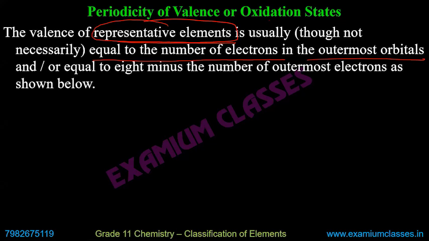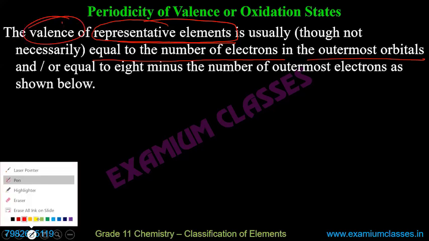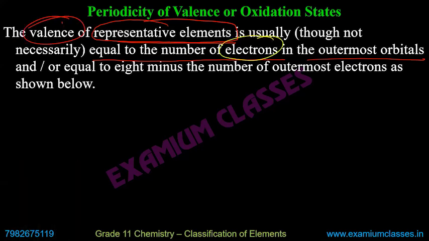And in this case, the valence is equal to the number of electrons present in the valence shell, or 8 minus the number of electrons present in the valence shell. How do you understand that?